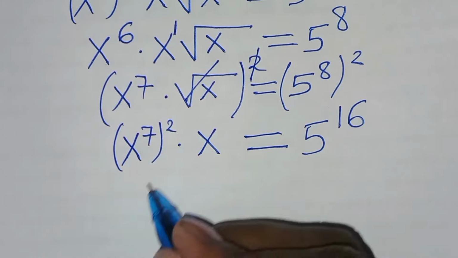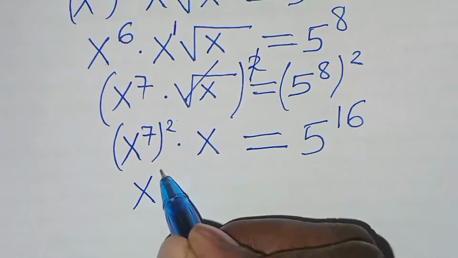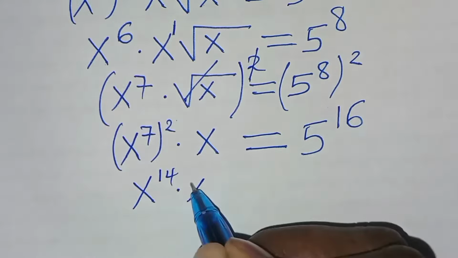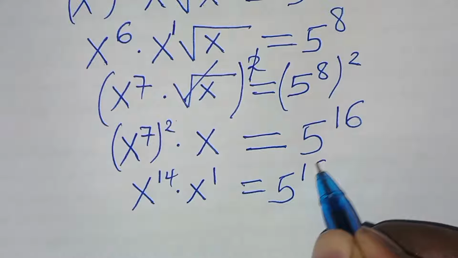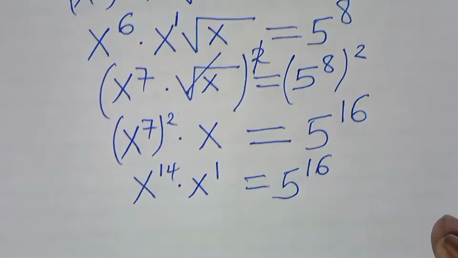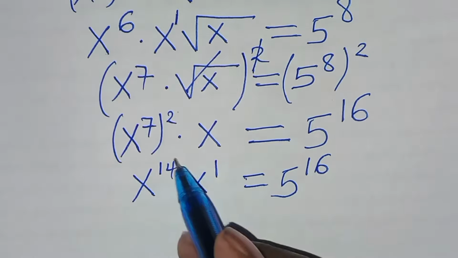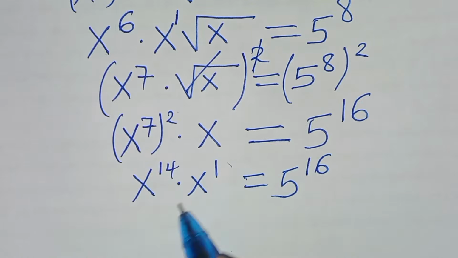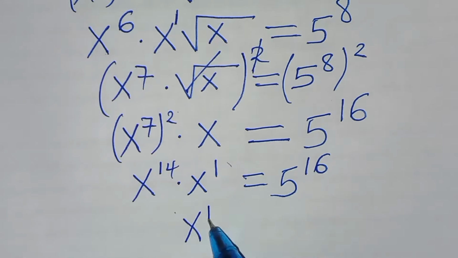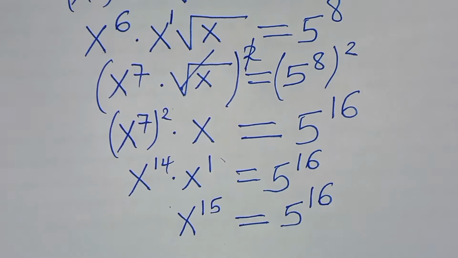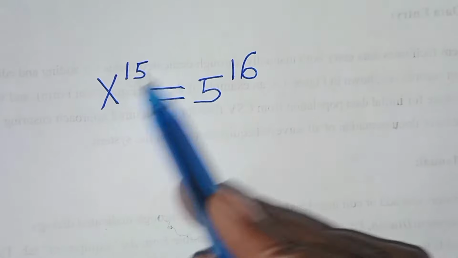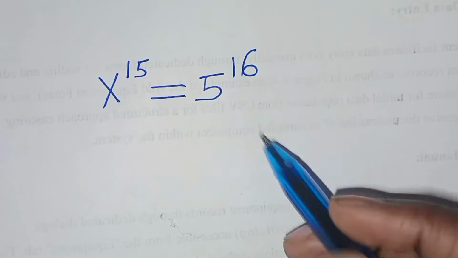So here we have x to power 7 times 2, this is 14, times x to power 1, this is equal to 5 to power 16. So this is x to power 14 plus 1, so we'll have x to power 15. This is equal to 5 to power 16. So we have x to power 15 equal to 5 to power 16.